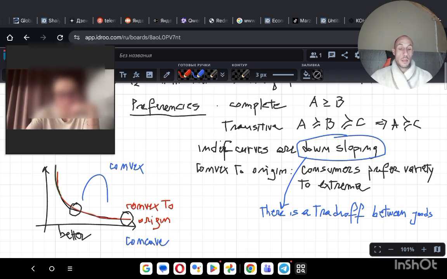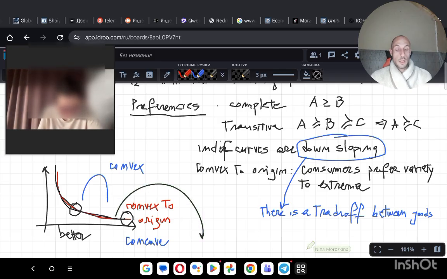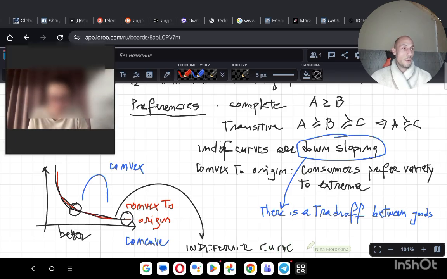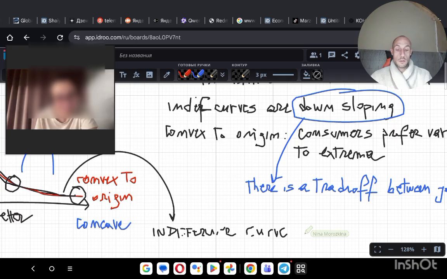So let's say that this is x1, x2, okay, let's make it real. So x1 is tea, x2 is coffee. No, I don't like it. Let's say tea and, I don't know, biscuits.